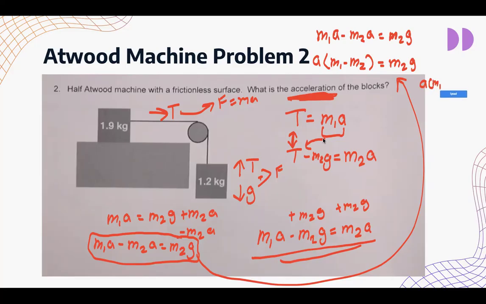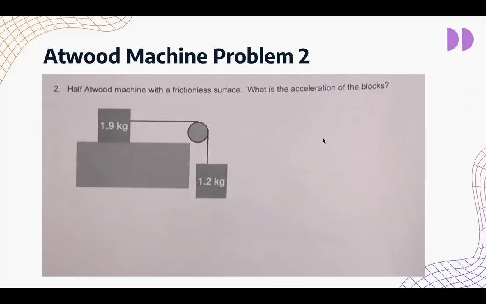A times M1 minus M2, and then just divide this by M1 minus M2. So these two cancel out, so I can just have A alone, right?